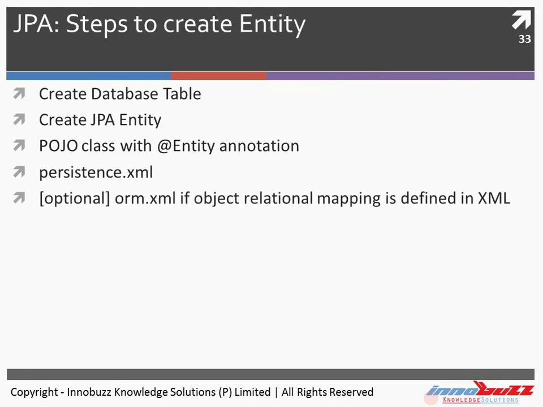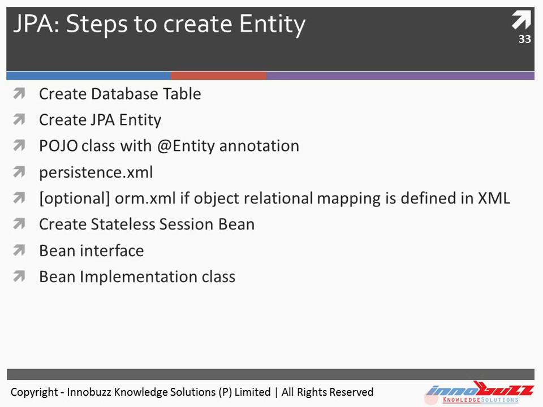And there is another file called orm.xml, for object relational mapping. This is optional and not required. If it is required, the information can be split between persistence and ORM, but it is generally optional, which we don't use. Then create a stateless session bean interface, and a bean class implementing that interface.